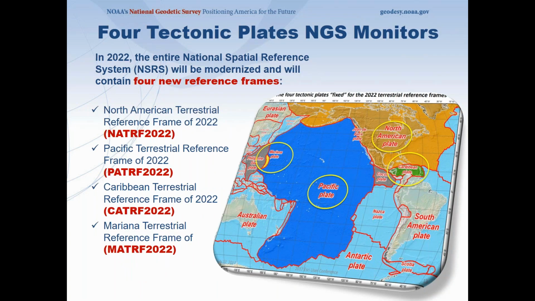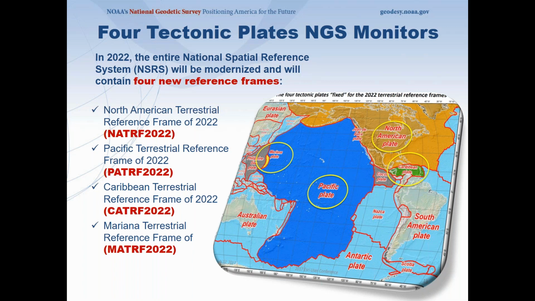So we know that the Earth's moving in different ways and the plates are moving differently. When we had the NAD 83, we assumed that everything was the same. So the observations for North America were the same. We're using the same information for Hawaii and the Pacific and Guam and American Samoa.